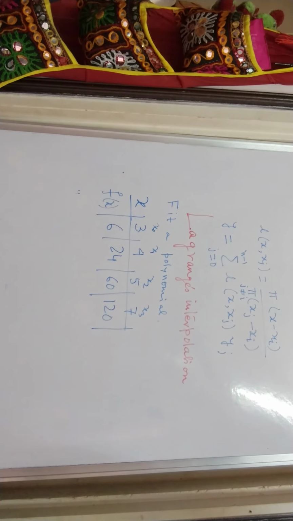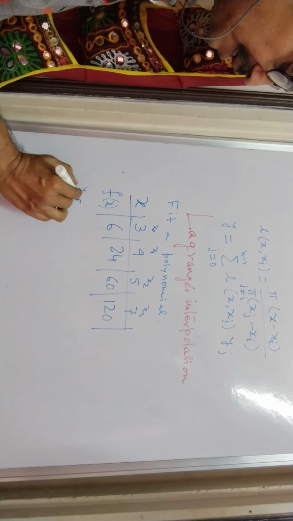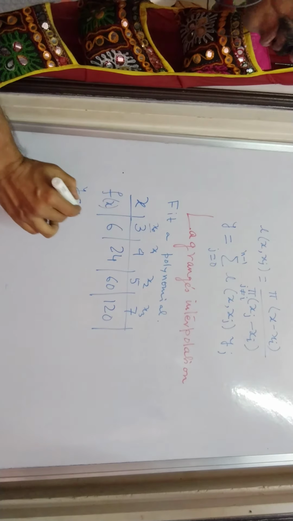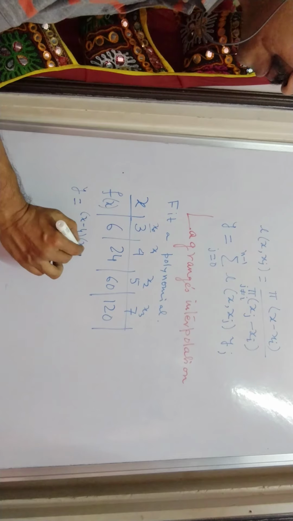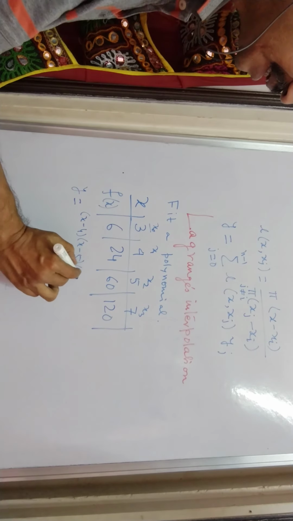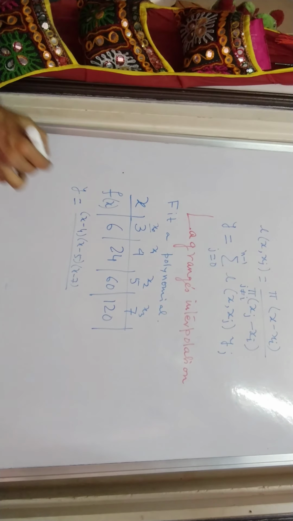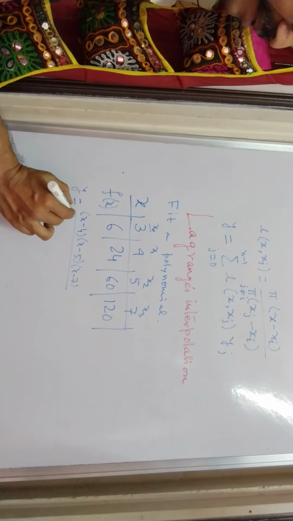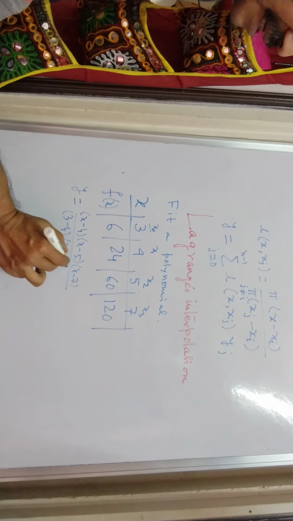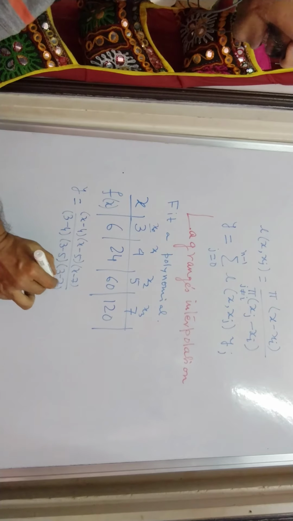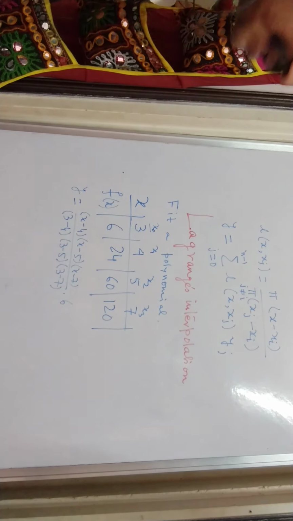What does it look like? This is x0, so we leave this. In the numerator we have x minus 4, x minus 5 and x minus 7. In the denominator we have what is left, 3: 3 minus 4, 3 minus 5 and 3 minus 7, multiplied by y0, which is 6.